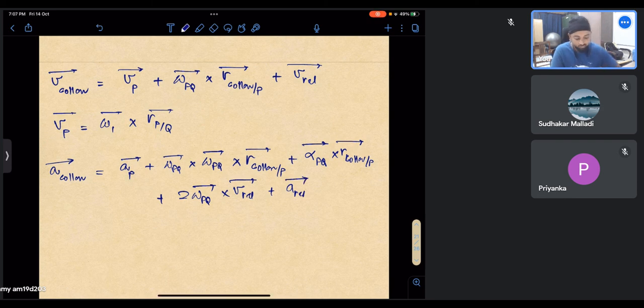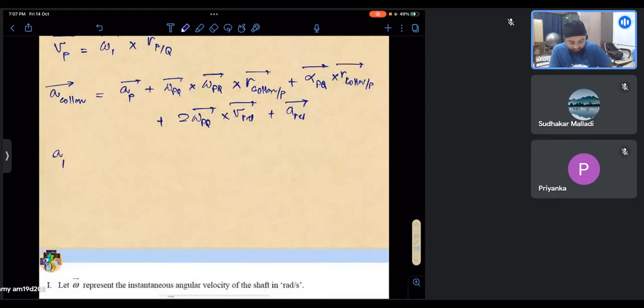So essentially there are no quantities here that go to zero. P has an acceleration, vrel is non-zero, arel is non-zero, alpha is non-zero. So everything we need to systematically calculate separately and then add them up together towards the end.